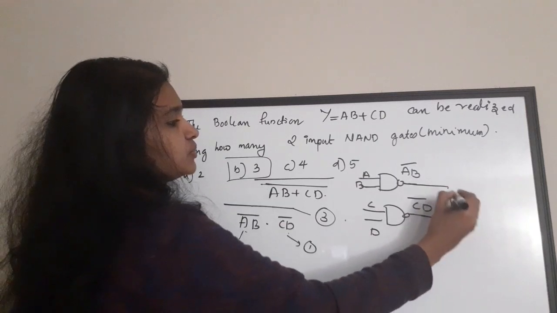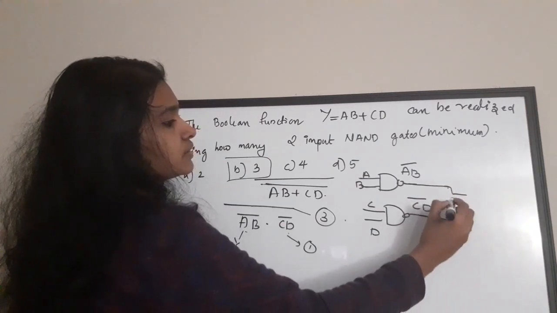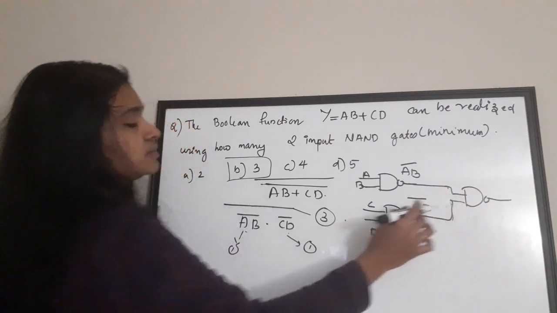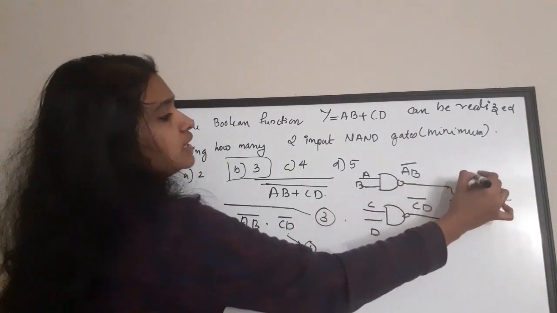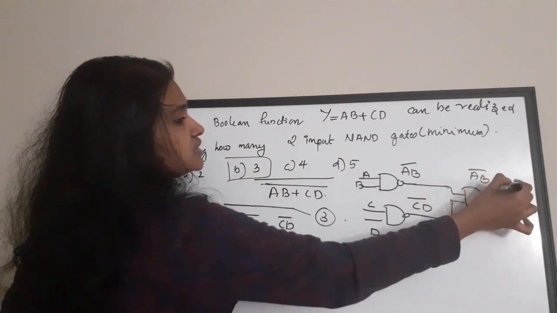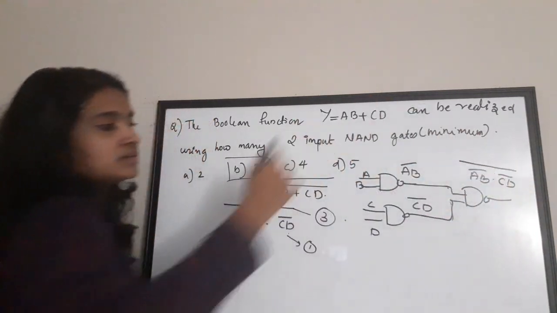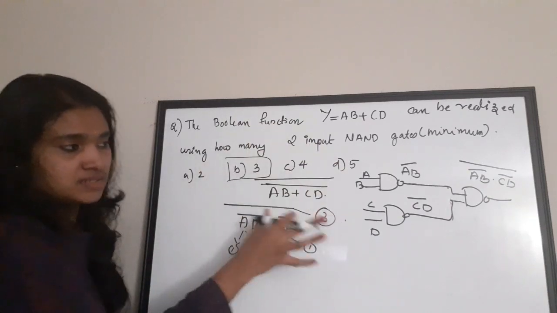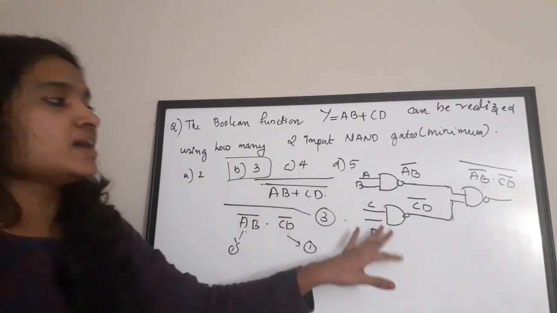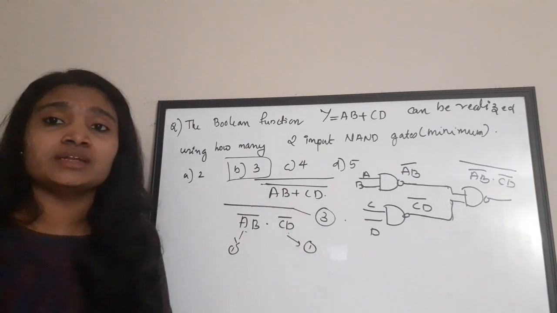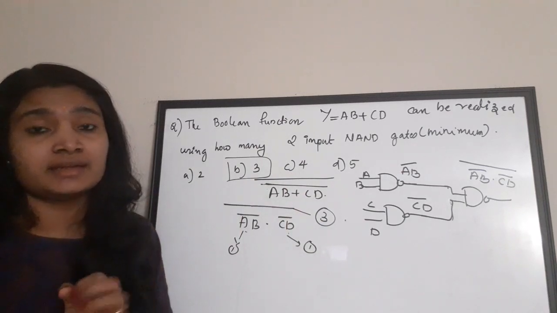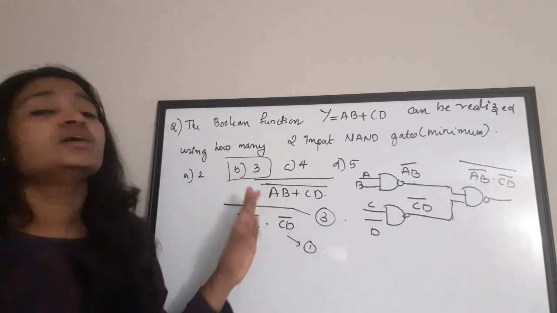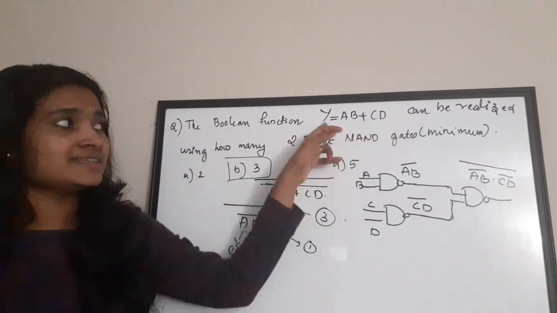So, taking the product of these two and taking a NAND, it is AB bar into CD bar, the whole bar. Okay, so this is your NAND gate realization, by drawing of NAND gates. So how many NAND gates do you need here? You need only 3 NAND gates. Minimum 3 NAND gates are required for realizing this expression.